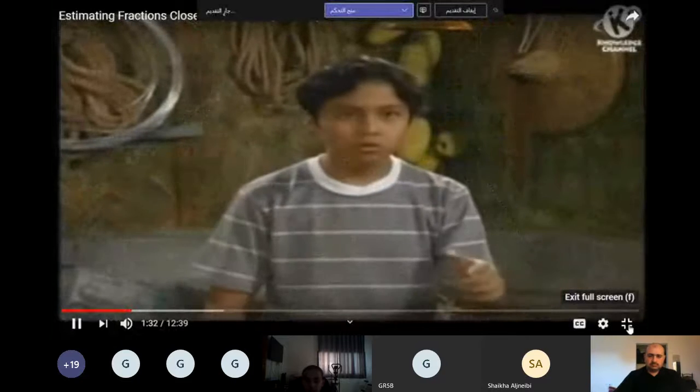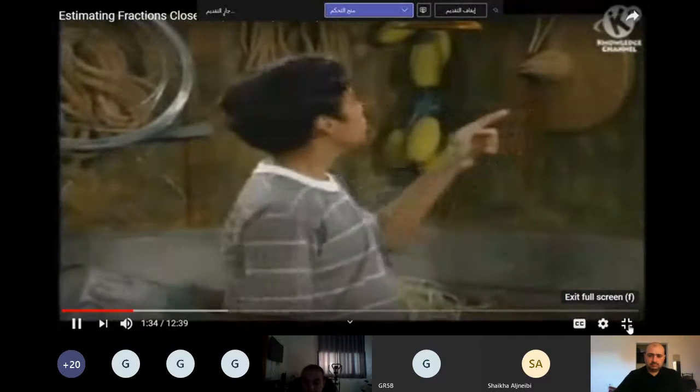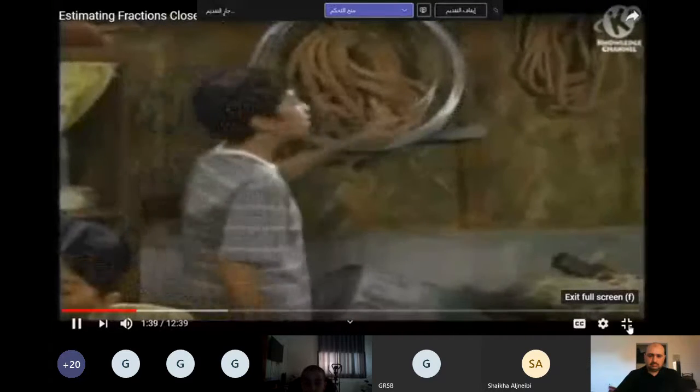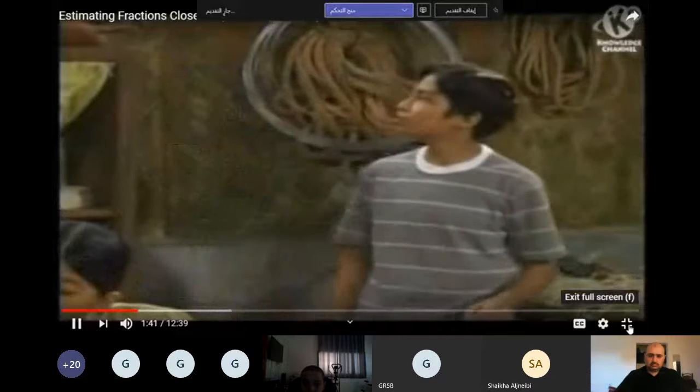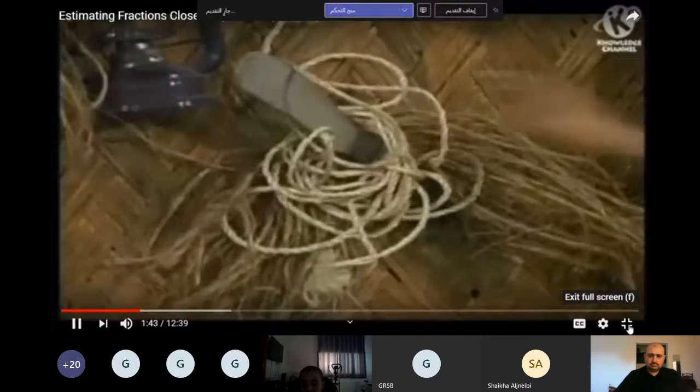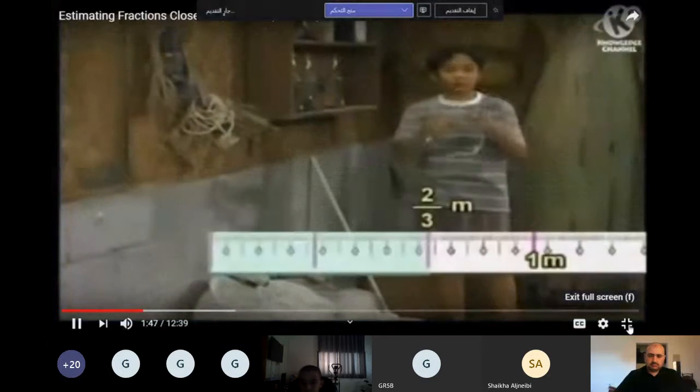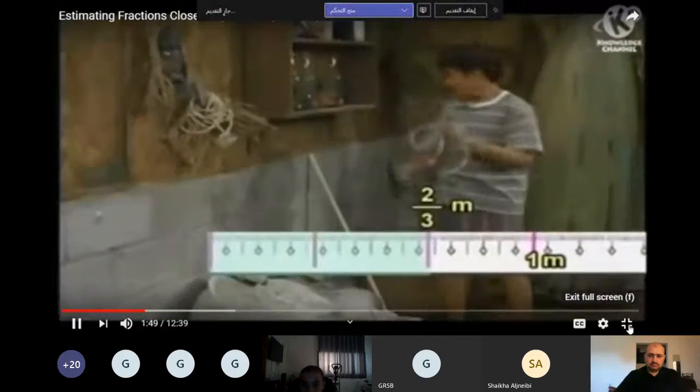Where's the group? Ayun! Ito. Tatay asked for a rope 2/3 meter long.